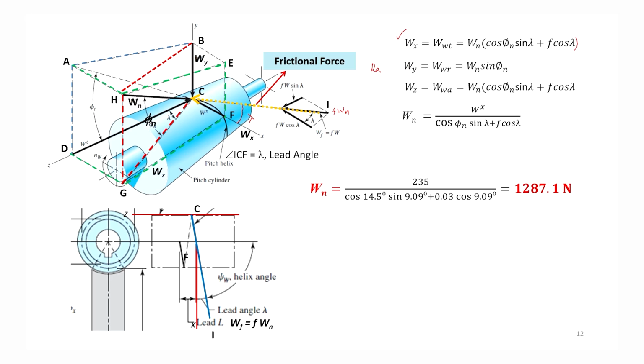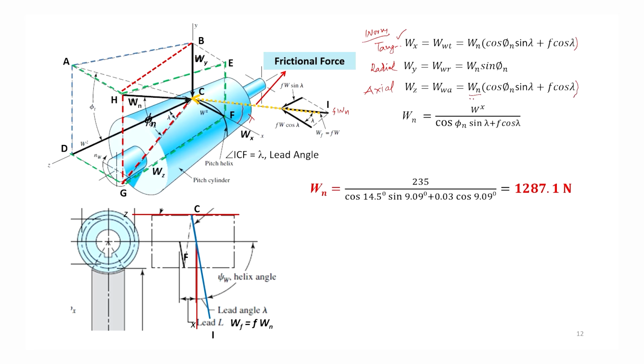This is the radial direction of worm, not gear, of worm, and this is the tangential direction, and the Wz is the axial direction of the worm. The equation is Wn (cos phi n sin lambda plus f cos lambda).